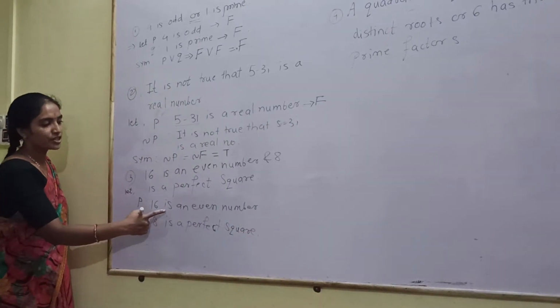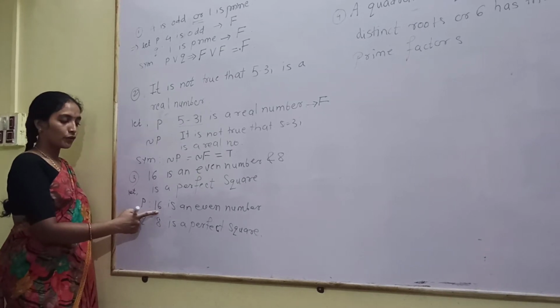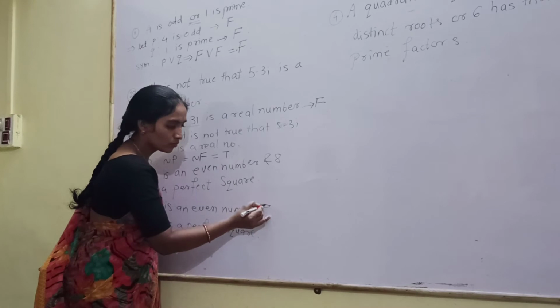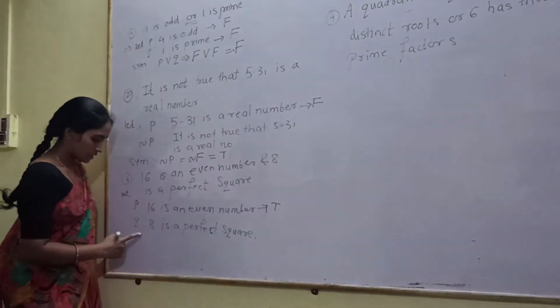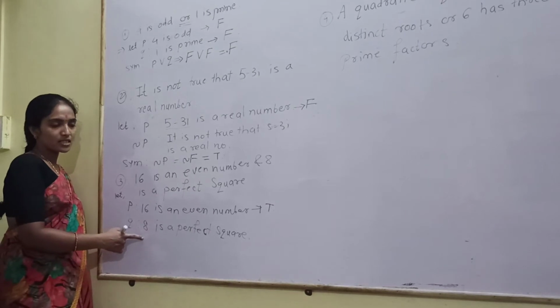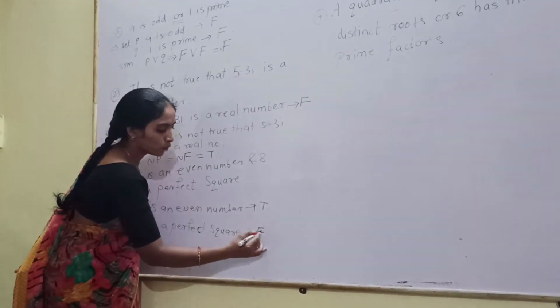Okay, 16 is an even number. Yes, it is a multiple of 2. Therefore, the truth value of the statement P is true. The second one, 8 is a perfect square. Yes, we know that 8 is not a perfect square. Therefore, the truth value of Q is false.